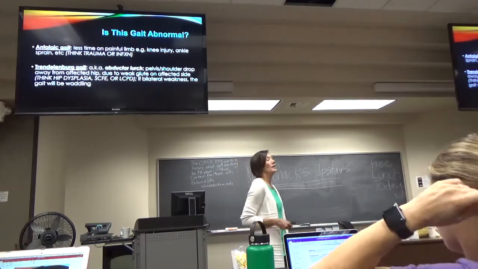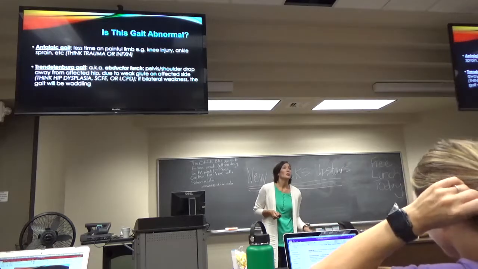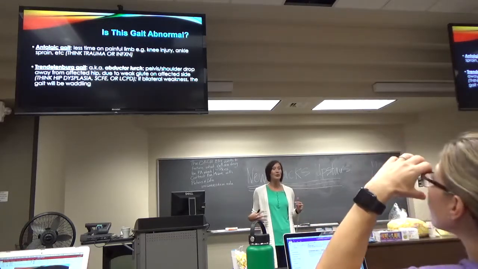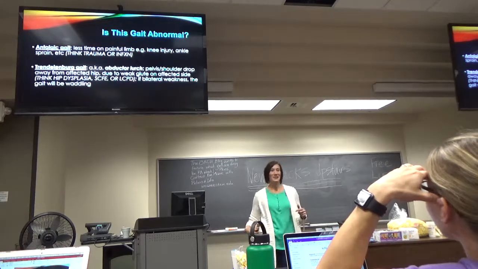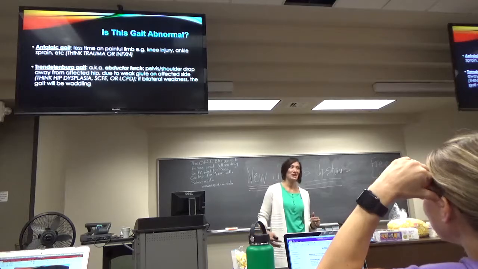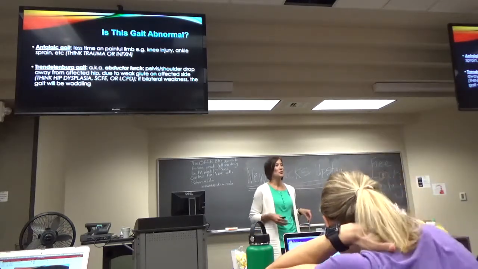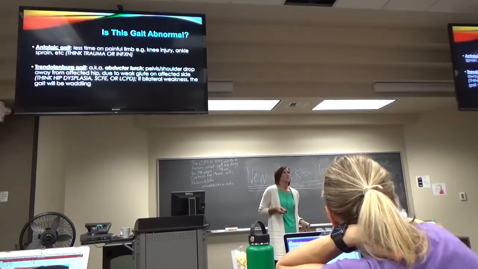Again, you can watch those videos. If you have time, we'll pull them up, but they're on D2L. If it's bilateral, they've got bilateral hip dysplasia. They'll waddle. They'll dip on both sides and be waddling through your office. There's a good video on one of those where a little girl has bilateral hip dysplasia.